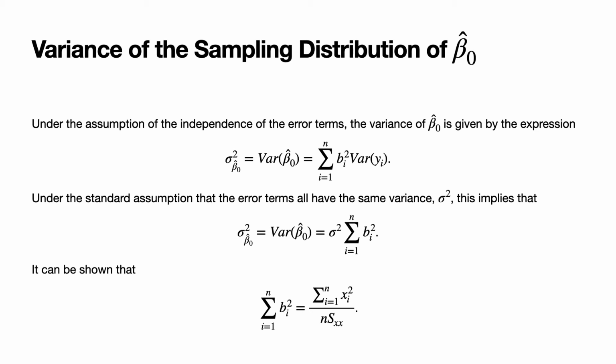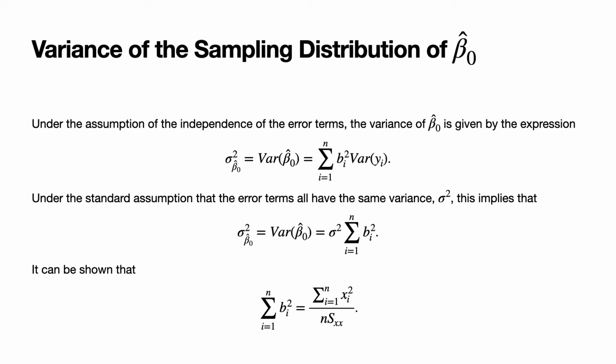Sigma squared sub beta 0 hat, as well as var for variance of beta 0 hat. And again, under the assumption of independence of the error terms, along with properties of variance, this is equal to the sum, i going from 1 to n, of the squared b values times the variance of y sub i. So, said more precisely, the sum i going from 1 to n of b sub i squared times the variance of y sub i.